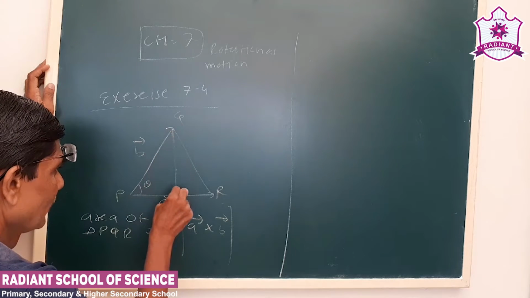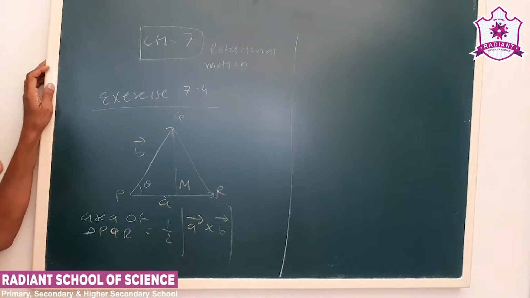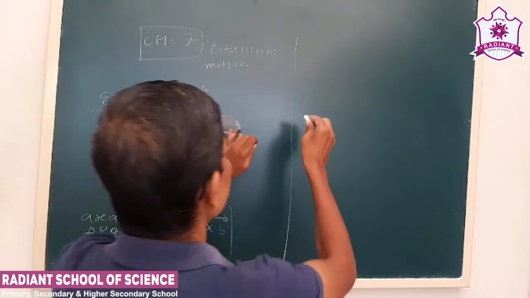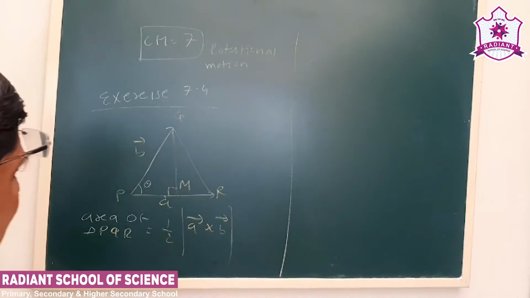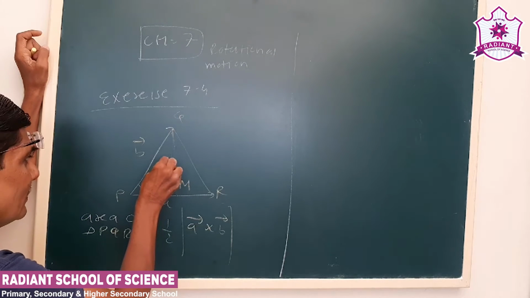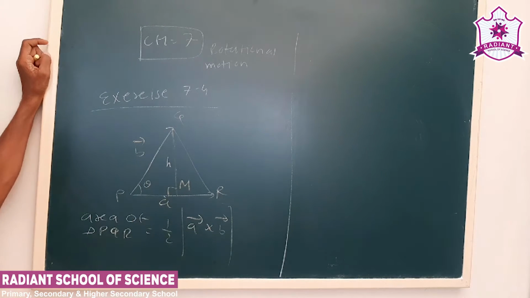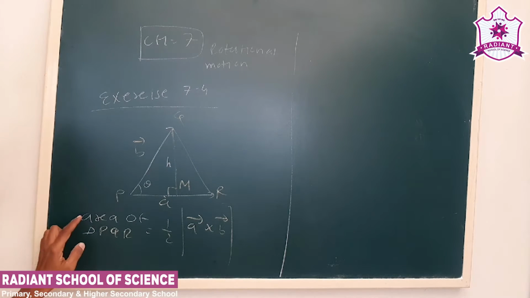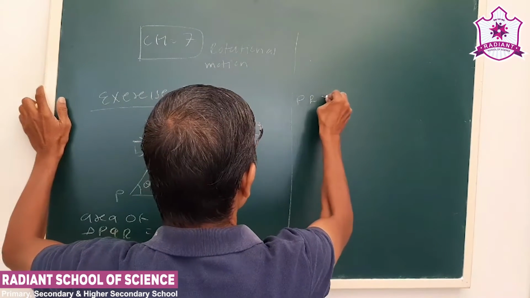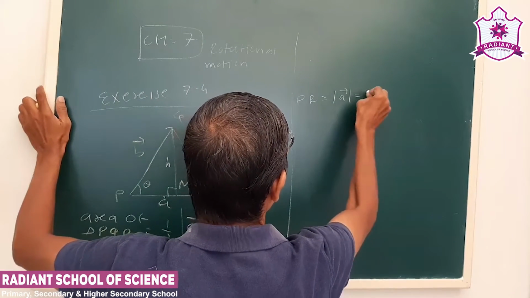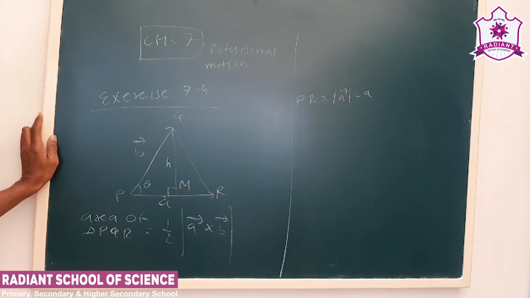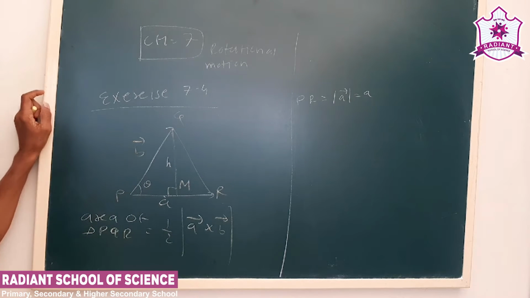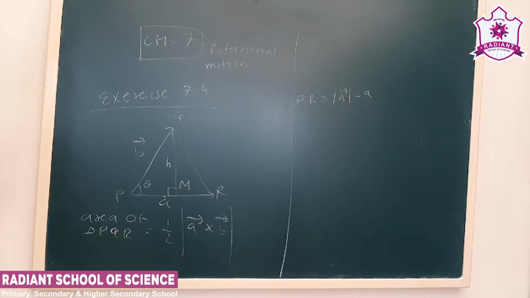From Q, I drop a perpendicular QM on PR, which is vector A. QM is the height H. Area of the triangle is half into base into height. Our base PR is magnitude A. The angle between vector A and B is theta.